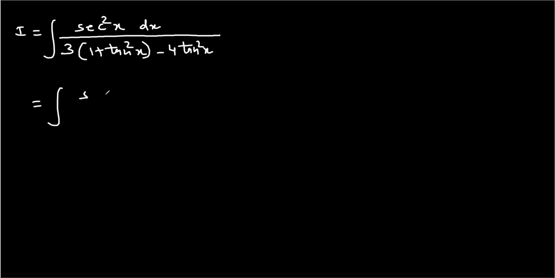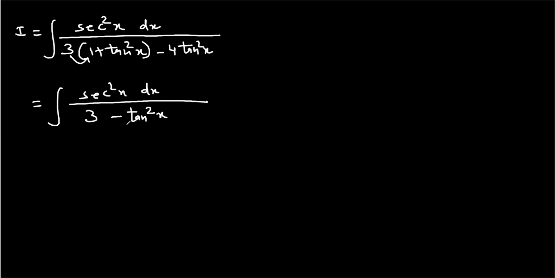So the next step is sec square x dx. Multiply this 3 inside. So I have 3 into 1 as 3, plus 3 tan square x minus 4 tan square x. Plus 3 tan square x minus 4 tan square x is minus tan square x.